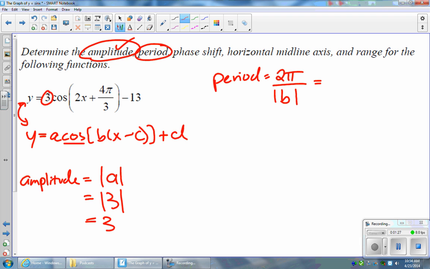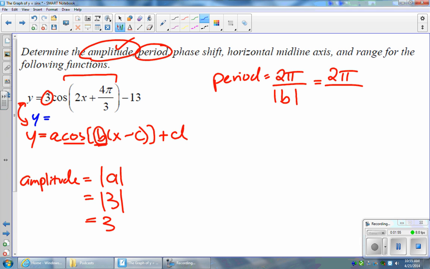Now 2 pi goes on the top. My b value is the number in front of the x, but notice something very tricky here. The b in the general form is always factored out. In the function given, if you look at the argument, the b is not factored out, so you don't see another set of brackets. That is a key thing you need to do to find that b value.